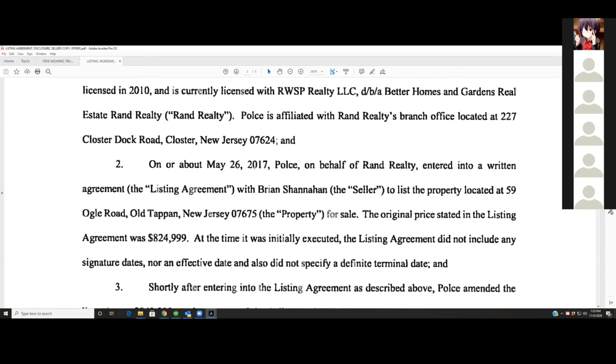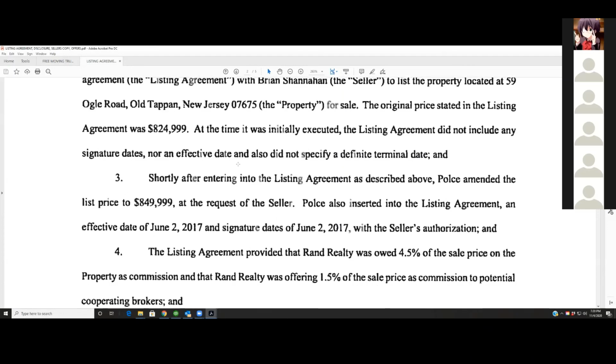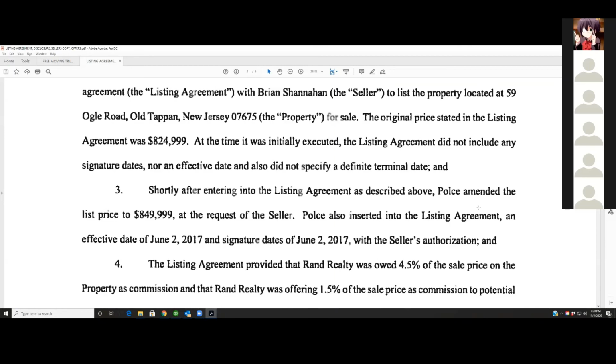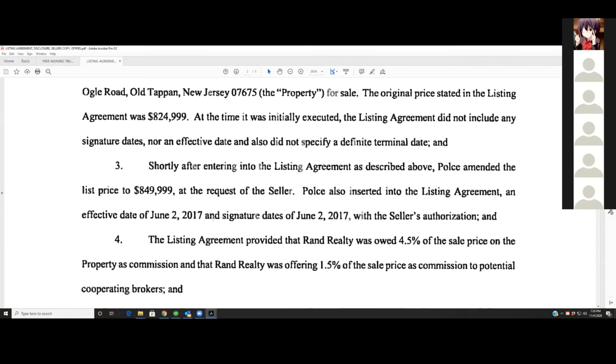The listing agreement did not include any signature date or effective date, and also did not specify a definite termination date. Shortly after entering into the listing agreement, Polche amended the listing price to $849,999 at the request of the seller. He also inserted an effective date of June 2017, with the signature dated June 2, 2017, with the seller's authorization.